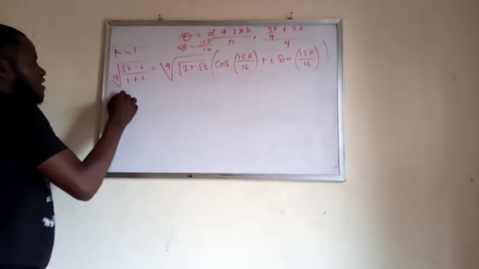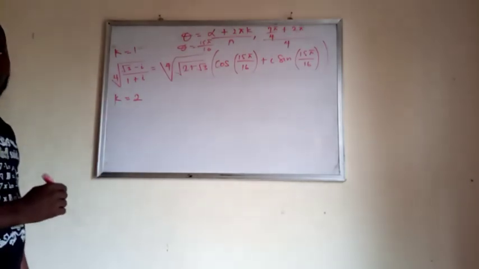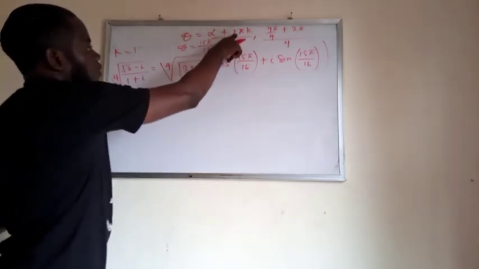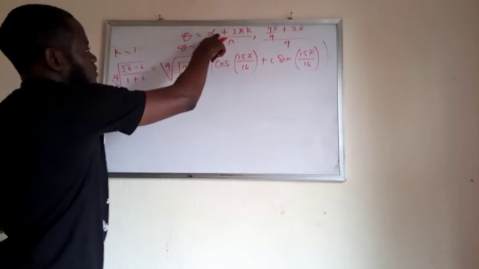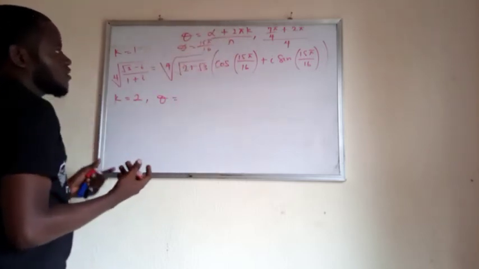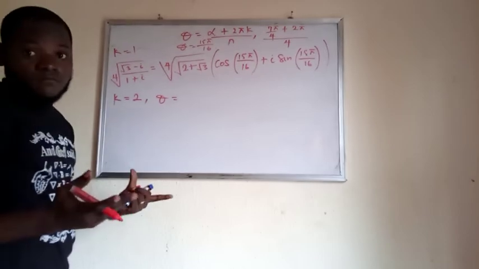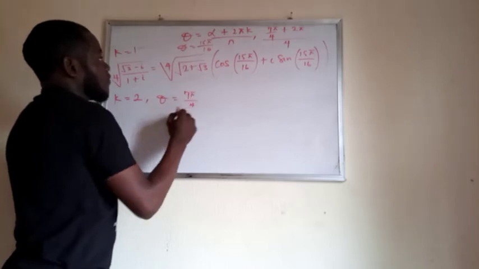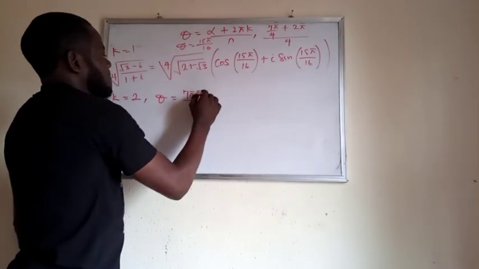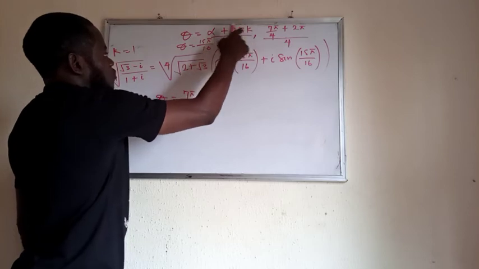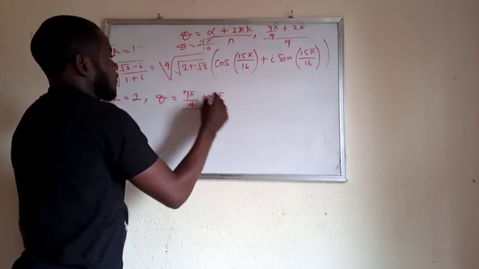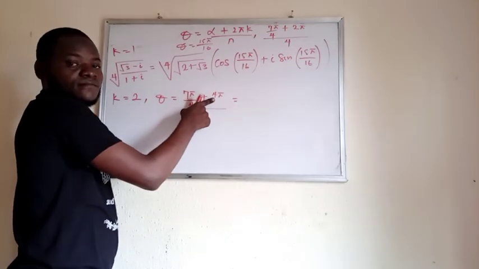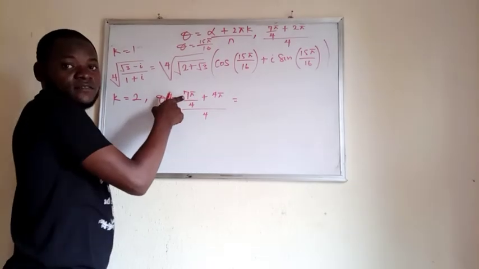So the third root will be when k is 2. So when k is 2, our theta is going to be, this will become 4. 4 times 4 is 16, 16 plus 7. That should give us 23. Just check: alpha 7 pi over 4 plus 2 pi times 2, that will be 4 pi divided by 4. So 4 times 4, that's 16, 16 plus 7, that's 23.